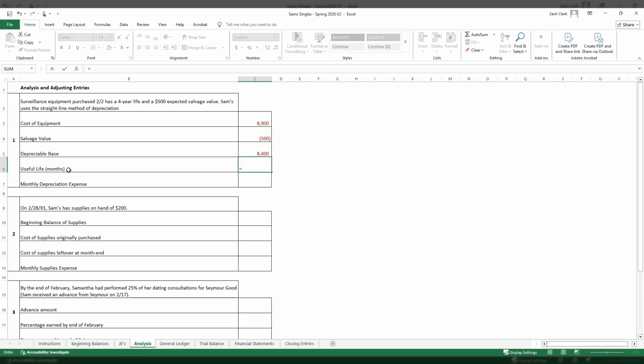A 4-year life times 12 months per year means that it's going to have an expected useful life of 48 months. So finally, to get our monthly depreciation expense, we're going to take our depreciable base, divide by the life in months, and that leaves us with $175 of depreciation expense per month.